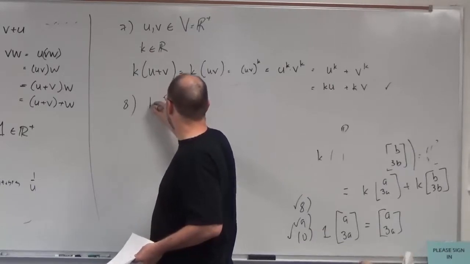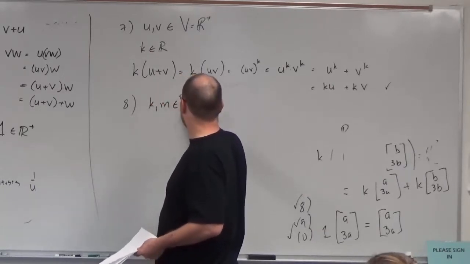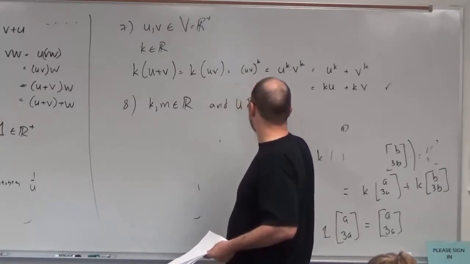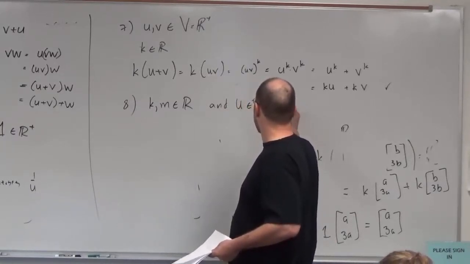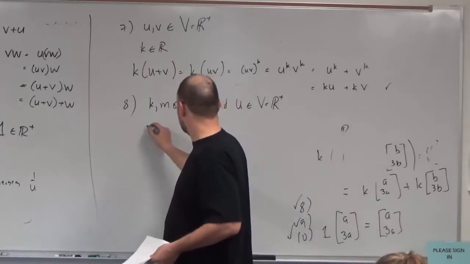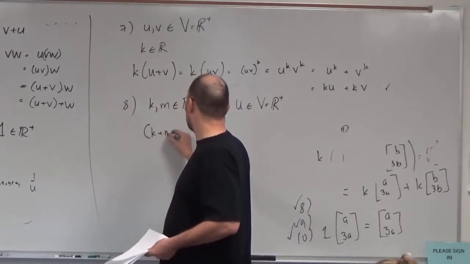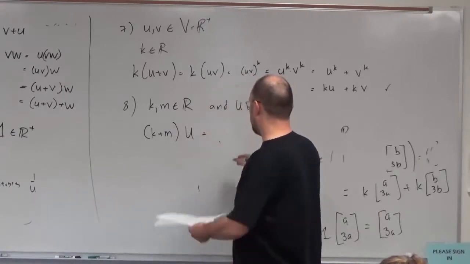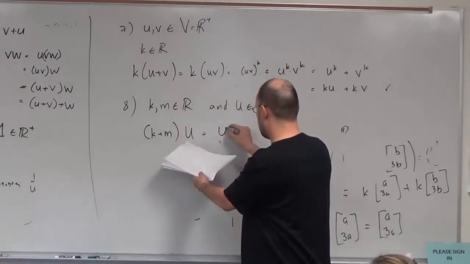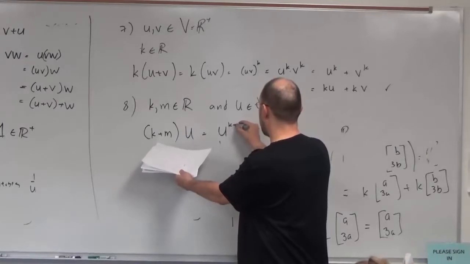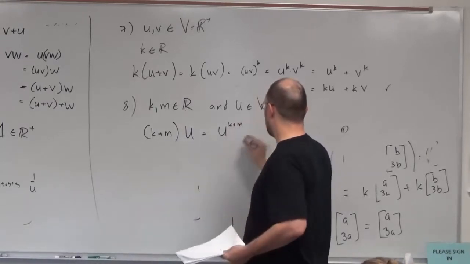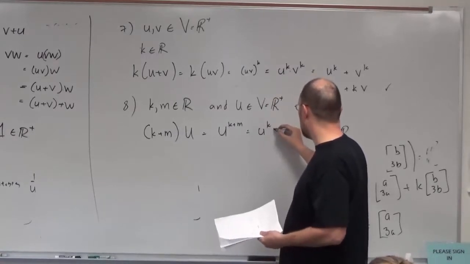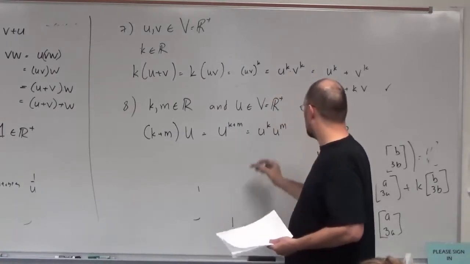So now we take two scalars and a vector. We add the scalars and scale the vector. The way we define this is that it's really u to the k plus n. But now these are just properties of real numbers, where we know we can write this as u to the k times u to the n.